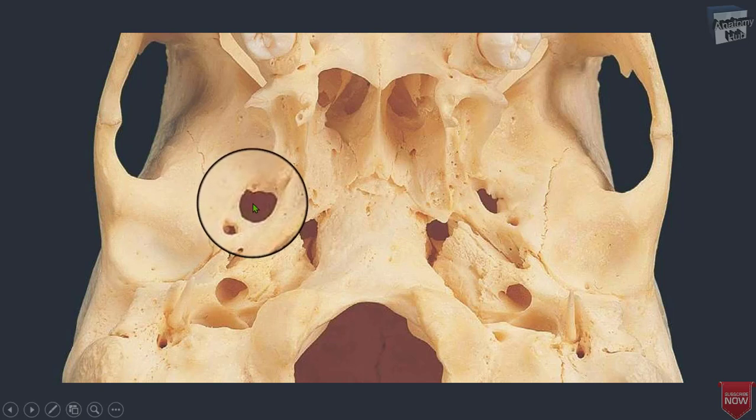The accessory meningeal branch of the external carotid artery also enters the cranial cavity through this foramen.